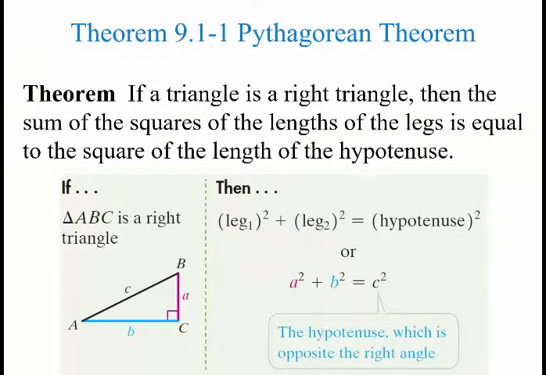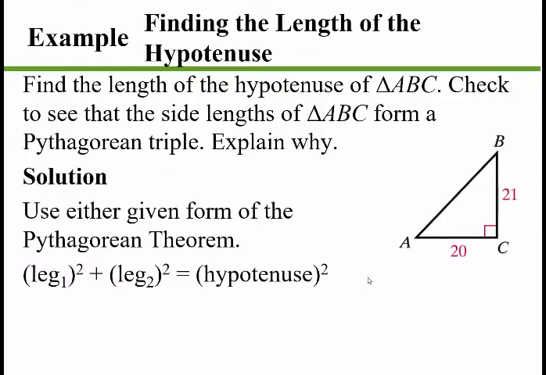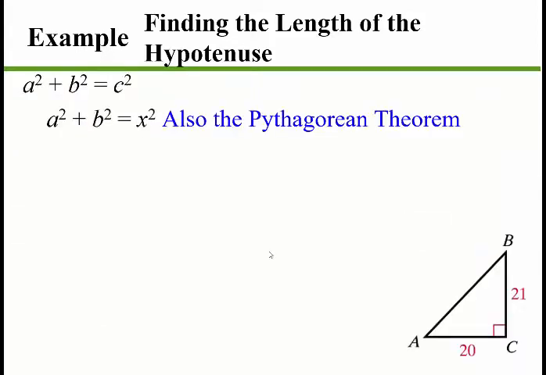I will always use a squared plus b squared is equal to c squared, so leg 1 squared plus leg 2 squared is equal to hypotenuse squared. This is my leg 1, this will be my leg 2, and this unknown value is my hypotenuse.